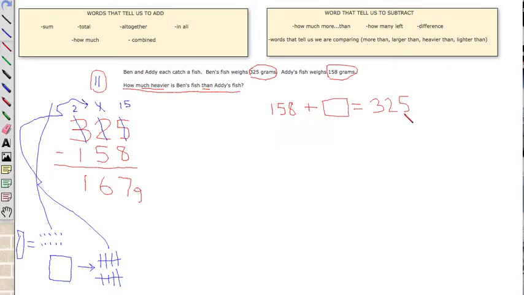So I'm finding the difference between 325 and 158. So I can actually start at 158 and, using a similar strategy, I can leapfrog my way to 325.